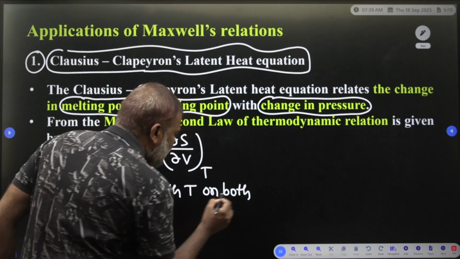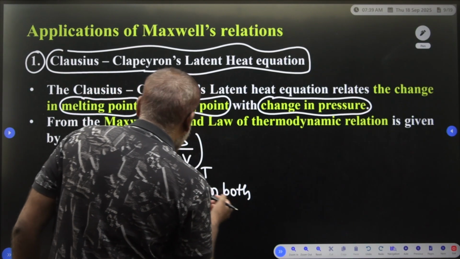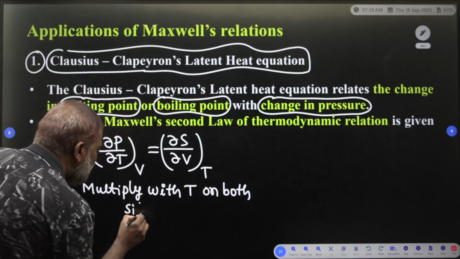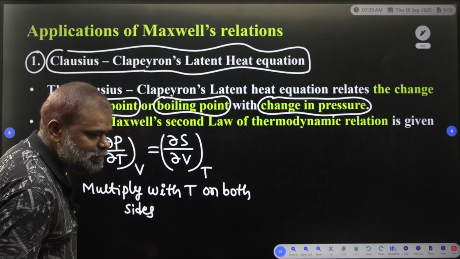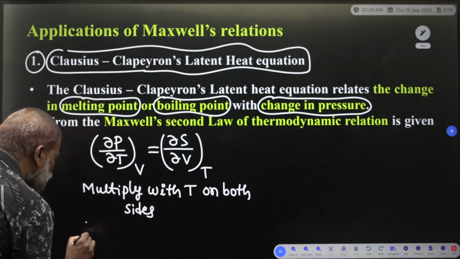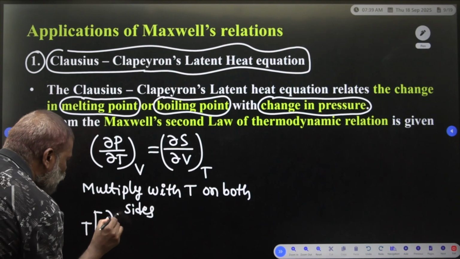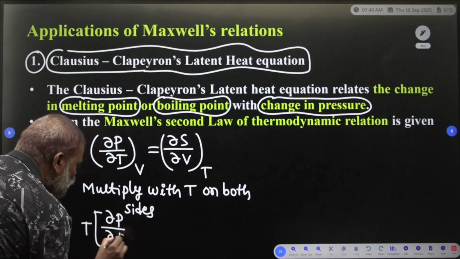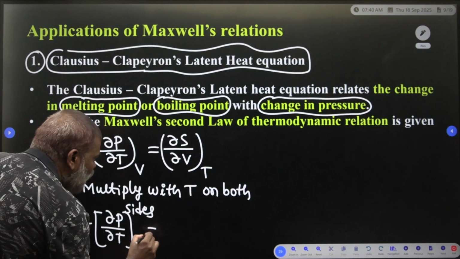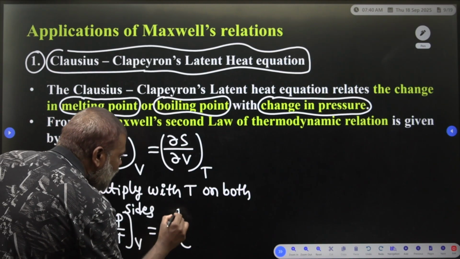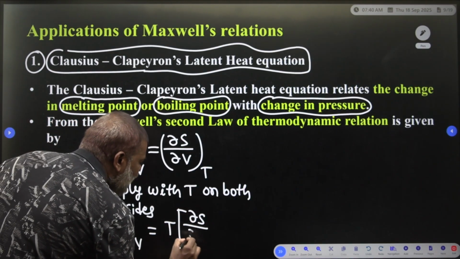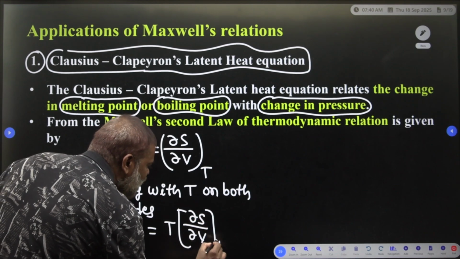When multiplied, we get T (∂P/∂T) at constant volume is equal to T (∂S/∂V) at constant temperature.